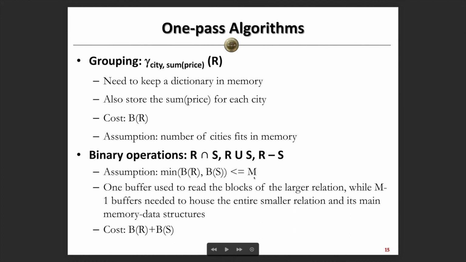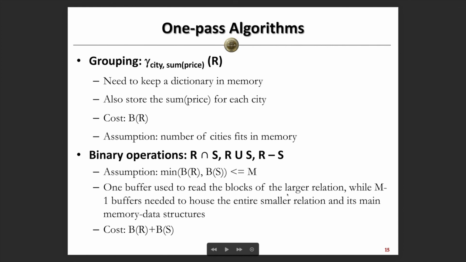The main reason for this assumption is that when implementing these operations with a one-pass algorithm, we use one buffer to read the blocks of the larger relation, while we use the M-1 buffers to host the entire smaller relation and its memory data structures.